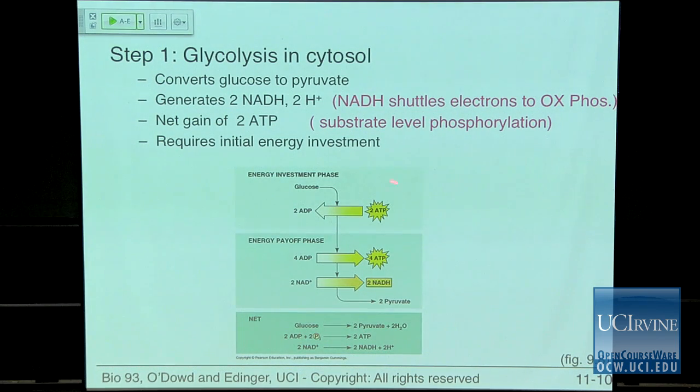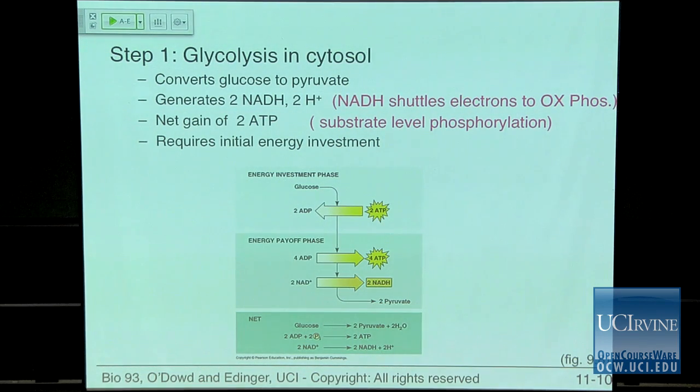One needs to first invest 2 molecules of ATP, and after you've done that, you can generate 4 molecules of ATP, 2 of NADH, so these are going to go to oxidative phosphorylation, and 2 pyruvates, and these are going to get converted into acetyl-CoA and then go into the citric acid cycle.